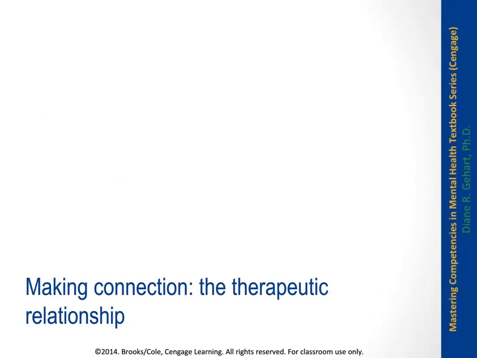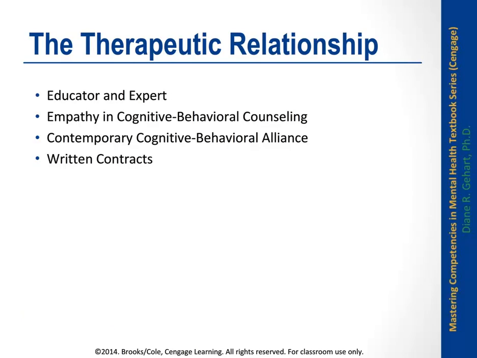Making connection, developing the therapeutic and counseling relationship in CBT. As I mentioned earlier, one of the signature elements of the therapeutic relationship in CBT is that the therapist or counselor takes on much more of an educator or expert role. They might go up to a whiteboard and draw the ABC thing on the board and analyze the client's particular situation.